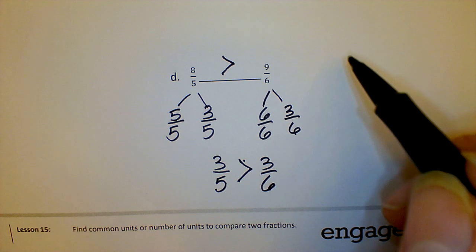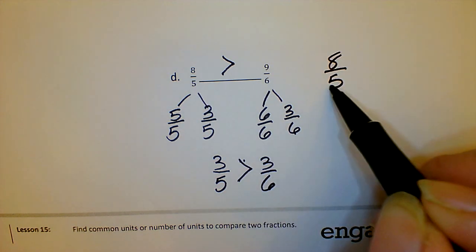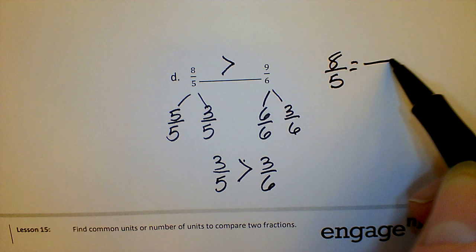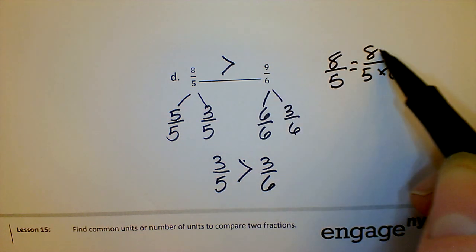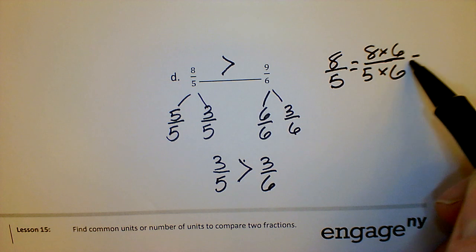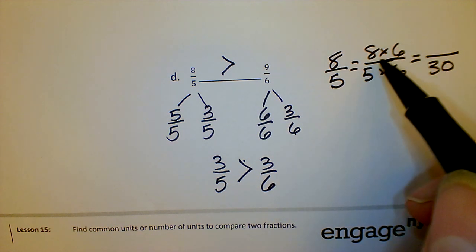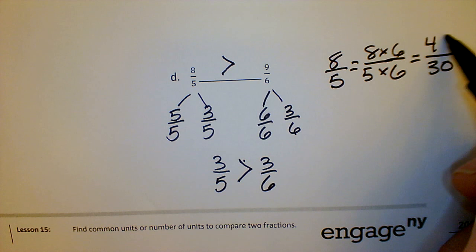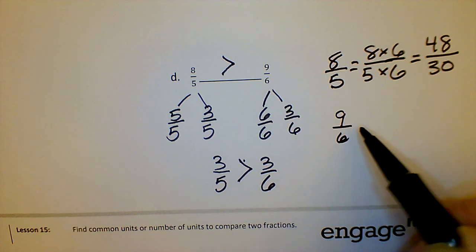Now again, I could have just done the multiplication. Let's do that too. We're going to take that first fraction, 8/5, and multiply 8/5 times the denominator of the other fraction. I'm going to get 30 on the bottom in the denominator, and then 8 times 6 is 48. Let's do the same thing for 9/6.